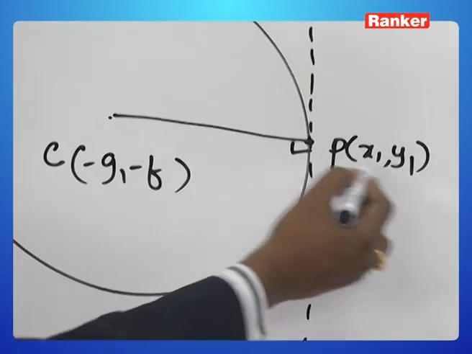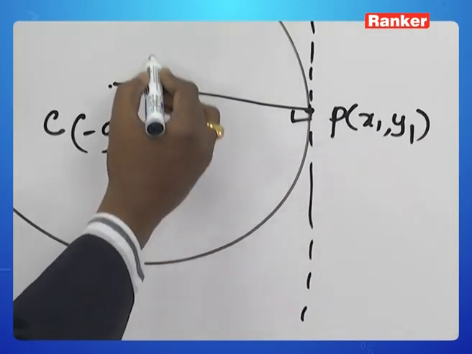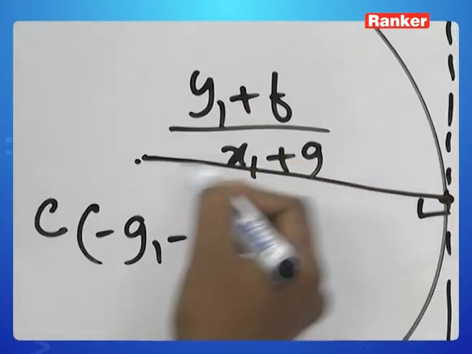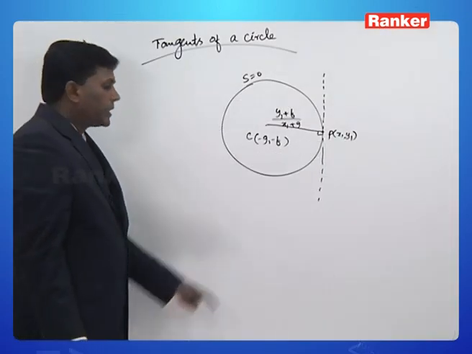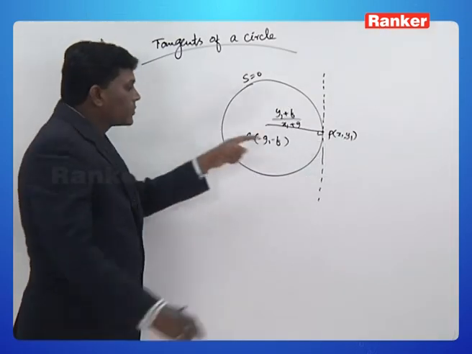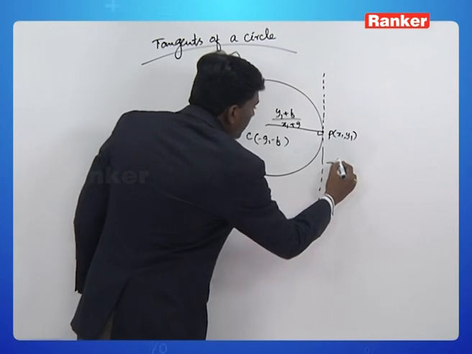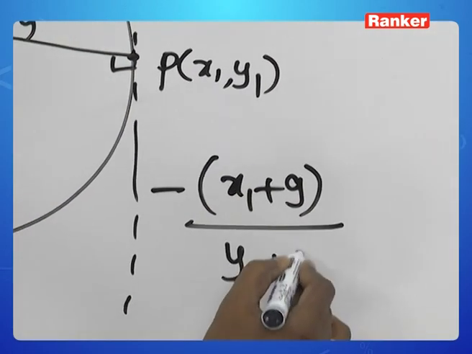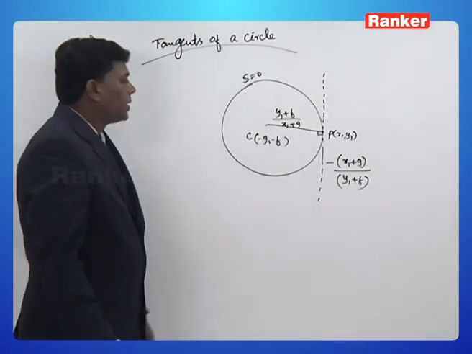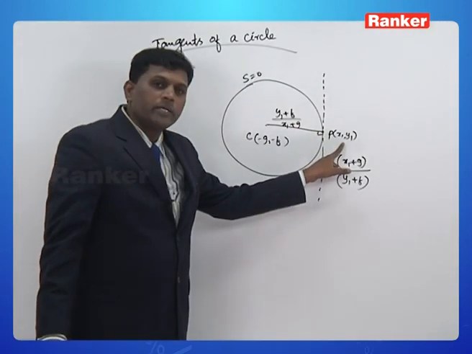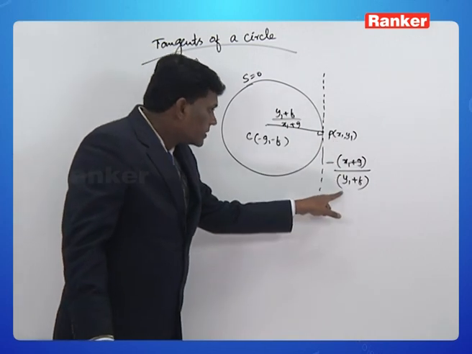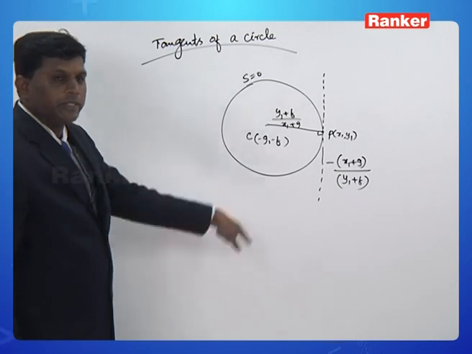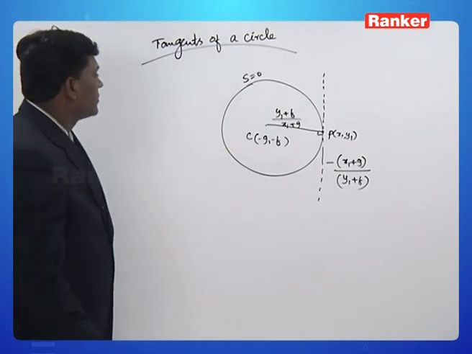So we can find out the slope of this CP as (y1 plus f) by (x1 plus g). Because this is a perpendicular line, hence we can write its slope as minus of (x1 plus g) by (y1 plus f). Now we know the point of contact as well as the slope of this line, hence using slope point form we can get the line equation here, which is nothing but the tangent equation.